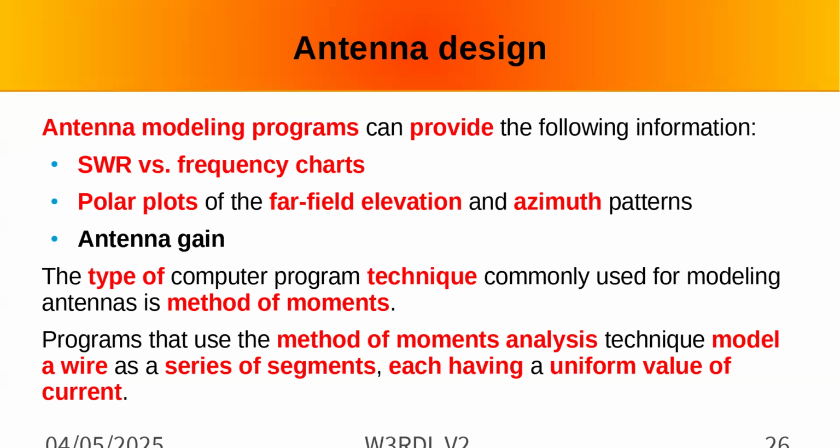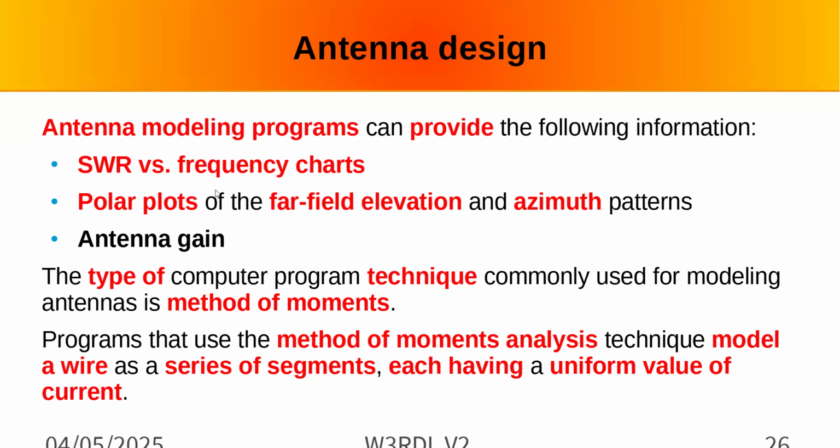So you divide all of the elements of the antenna up into segments, and they calculate for each segment what the current is and what the radiation pattern is, and all those things, on a segment by segment basis. So the more segments you have per length of element, the more accurate it's going to be. You have to have at least 10 segments per wavelength, I think it is.